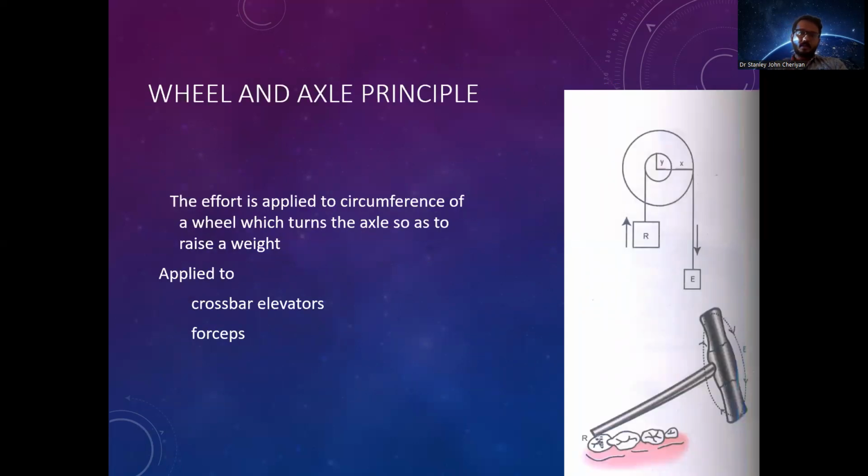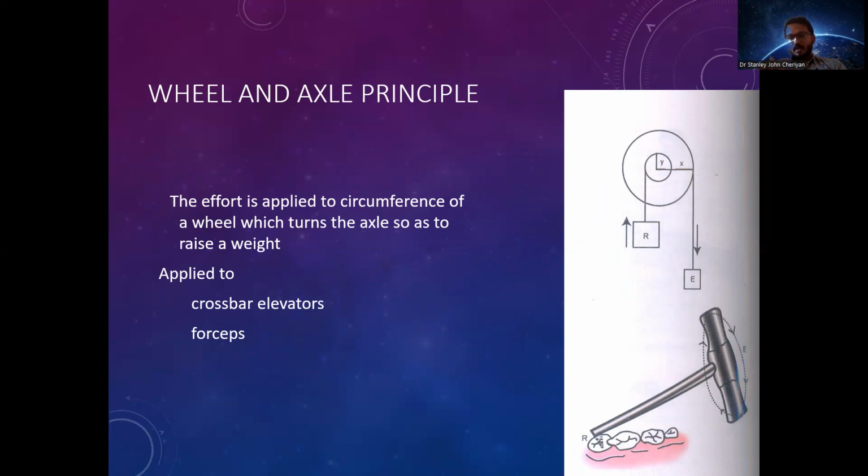Wheel and axle principle, you can use it. Instruments that work by this are Cryer or crossbar elevators, and forceps. So when you apply a forceps, you extract the tooth in an occlusal and buccal direction, so that it gives a wheel kind of a direction.